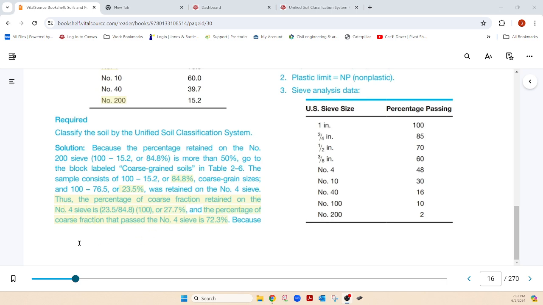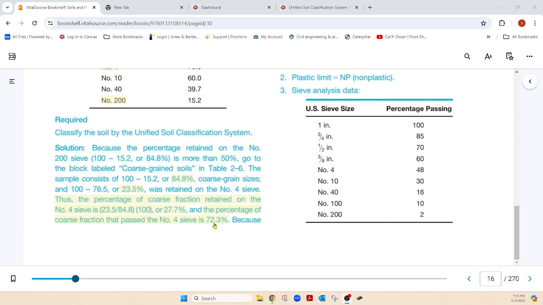And the percentage of coarse fraction that passed the number 4 sieve is 72.3. Let me add 72.3 to 27.7. And what do you get?